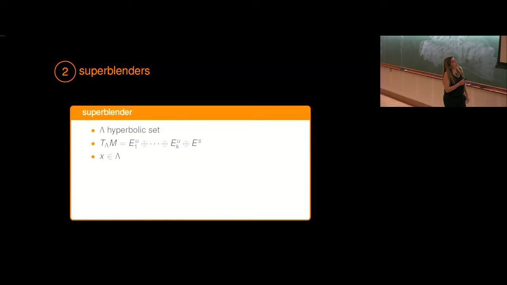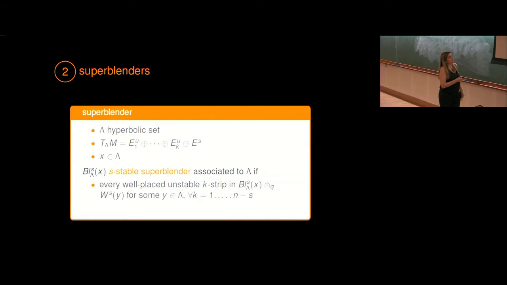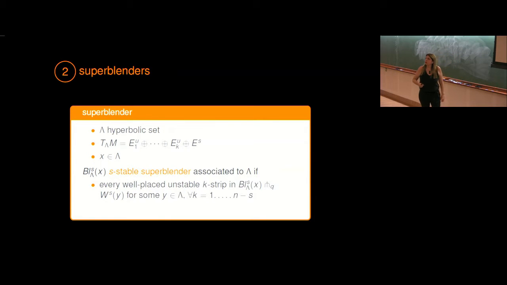And if you have any point in the hyperbolic set, we will call it a stable superblender associated to lambda if every well-placed unstable K-strip, I did wrong in putting the same K, in fact it should be L-strip because it can be any point in between, any well-placed unstable L-strip cuts the stable manifold of one point in the hyperbolic set.